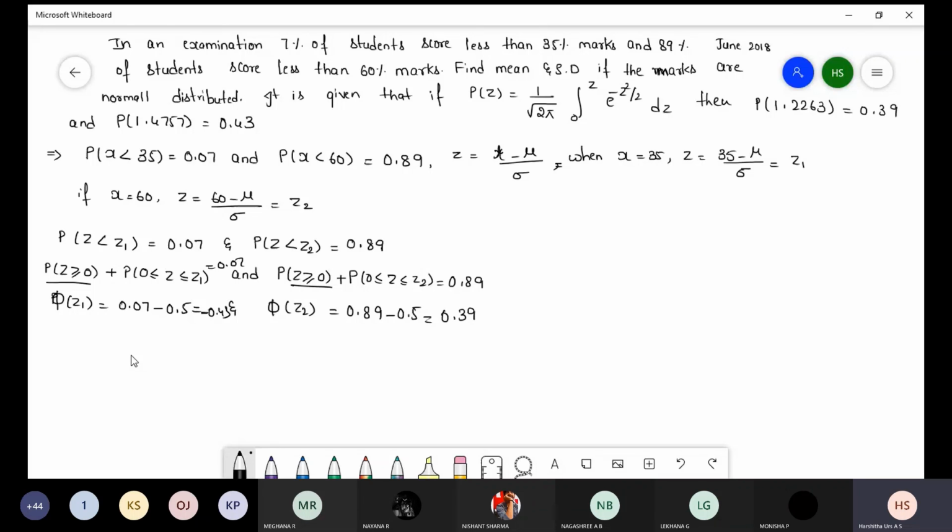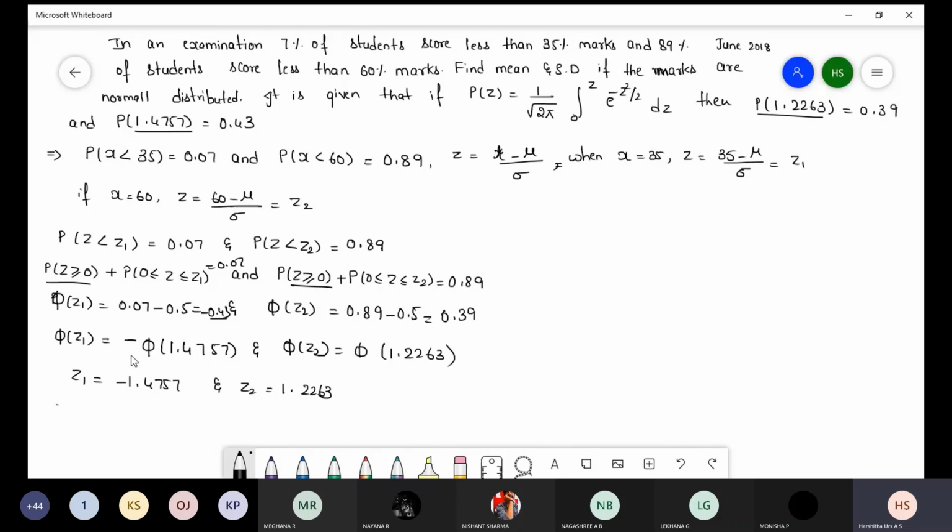So we can write phi of z1 is equal to minus, for 0.43 they have provided the value minus phi of 1.4757, and phi of z2 is 0.39. So they have provided here phi of 1.2263. So the z1 value is minus 1.4757 and the z2 value is 1.2263.